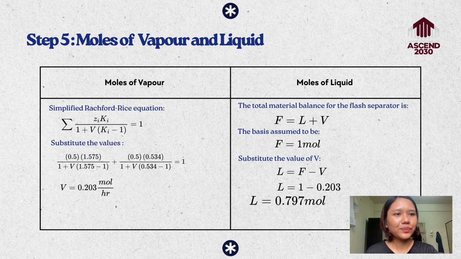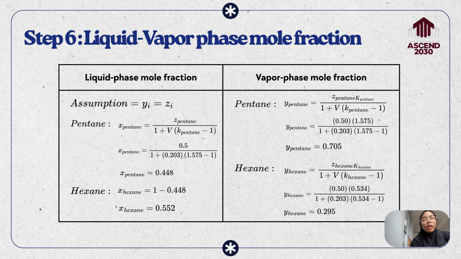Thank you. So now I'm going to explain how to find the liquid and vapor phase mole fractions. For the liquid phase mole fraction, we assume Yi equal to Zi, meaning that the composition of the vapor phase is equal to the total feed composition. And then we use this equation to find X pentane: Z pentane divided by 1 plus V times (K pentane minus 1).